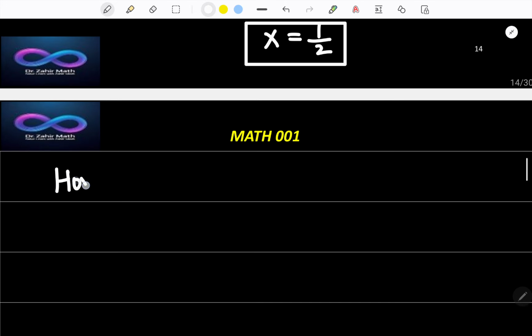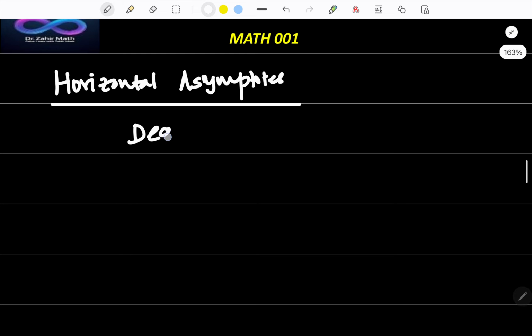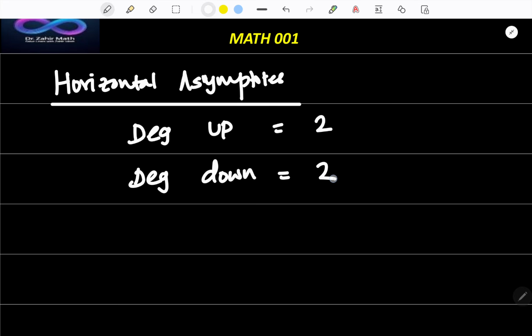Next we go for horizontal asymptotes. Okay, so let me find horizontal asymptotes. For horizontal asymptotes, what is the formula? You need to calculate the degree, right? So you have to see the degree in the up and the degree in the down. What is the degree in the up? It is 2. And the degree in the down is also 2.